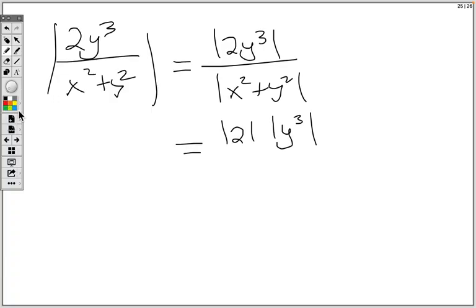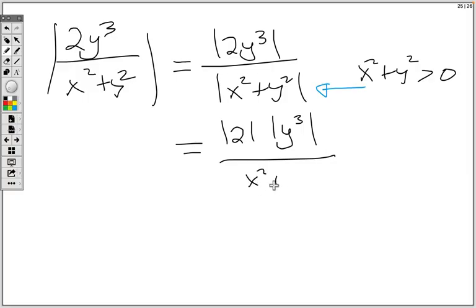Now, what about the denominator? Do I need absolute values here? No. x squared plus y squared is always going to be 0 or bigger. And since we're going into the origin as a limit, we're not actually considering the 0 case. So I don't really need absolute values here, and I don't need absolute values around the 2.